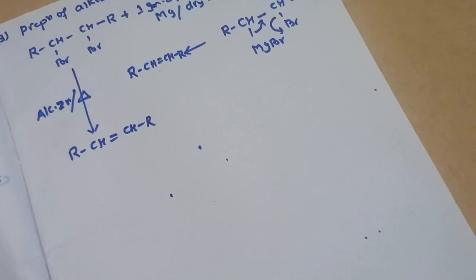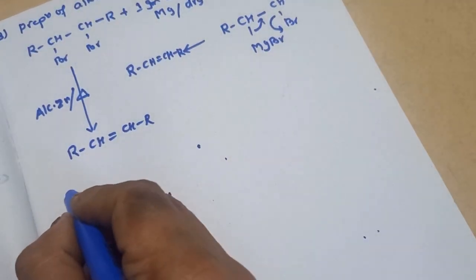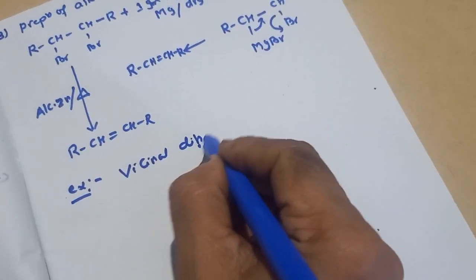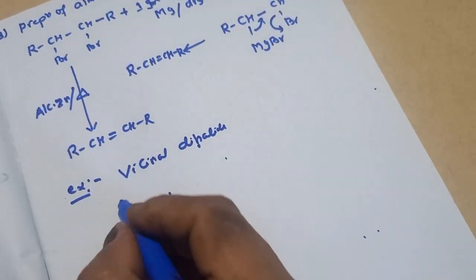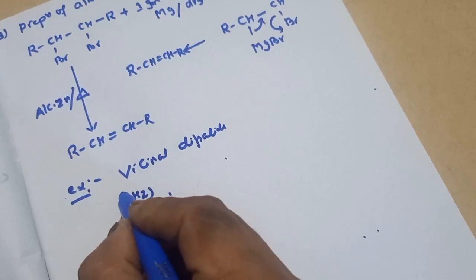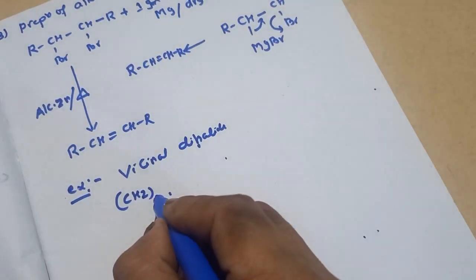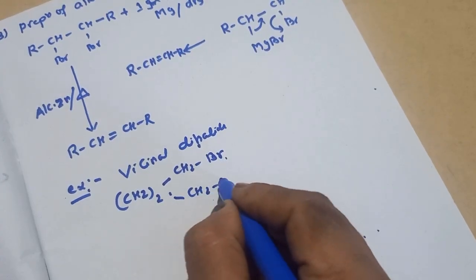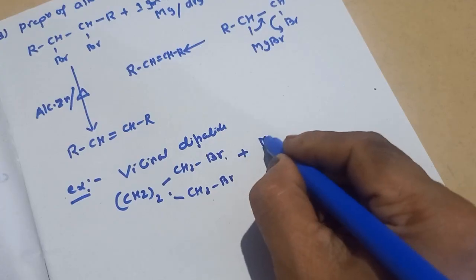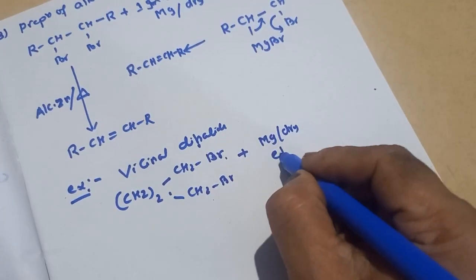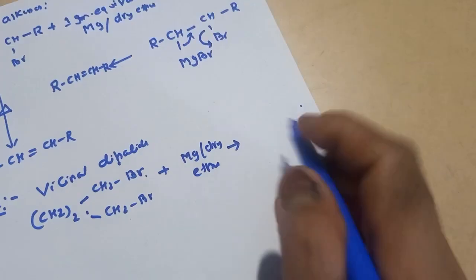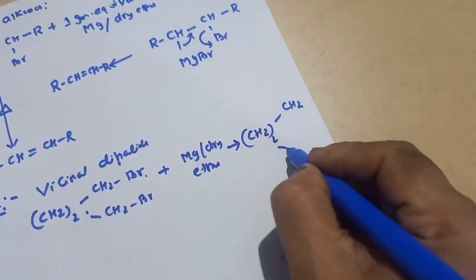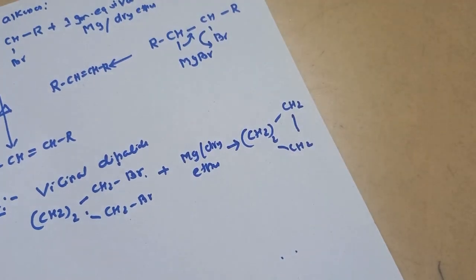Right, students? Another example, say vicinal dihalide, CH2Br CH2Br, with CH2 twice. When treated with magnesium in dry ether, what is the compound we will get? CH2 twice CH2. Right, students?